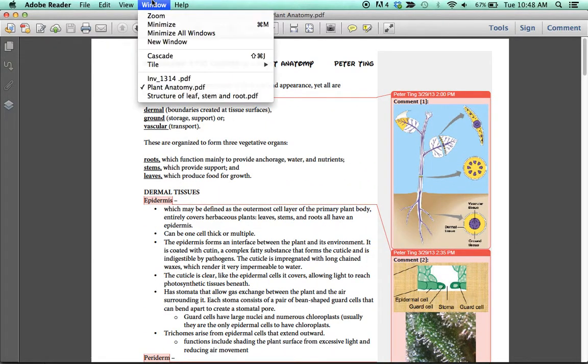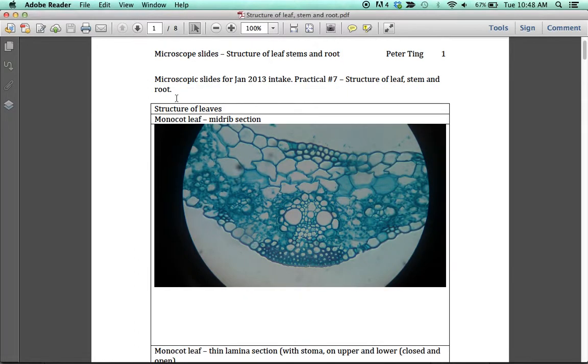Then I am also going to give you this document which captures all the sections of the plant, the leaves, the stem, and the roots. Go through each of these slides and see for yourselves how these structures vary with each other.